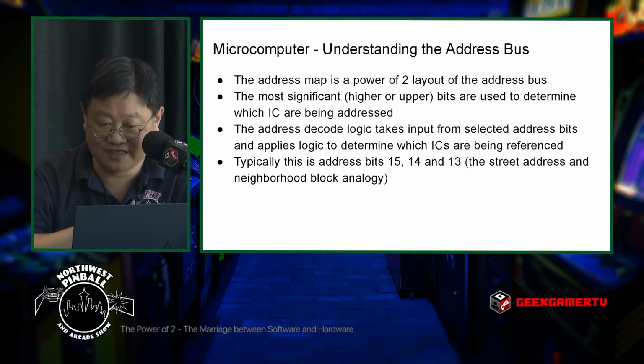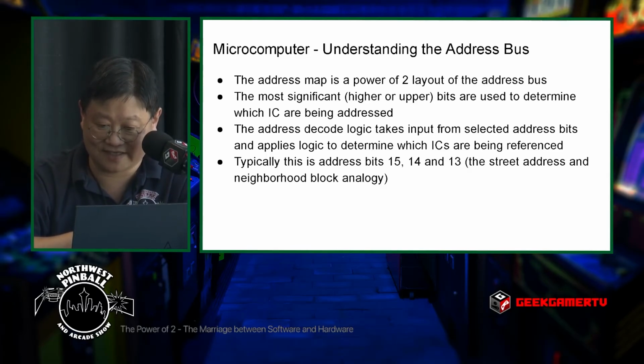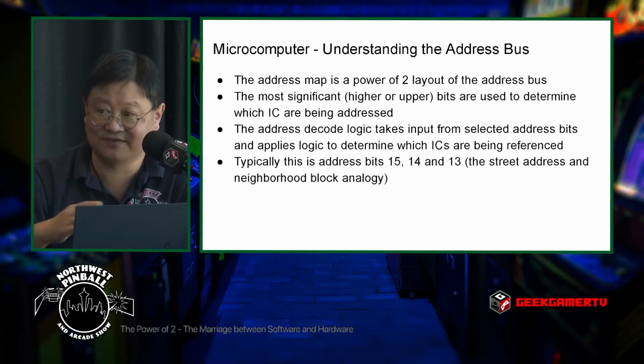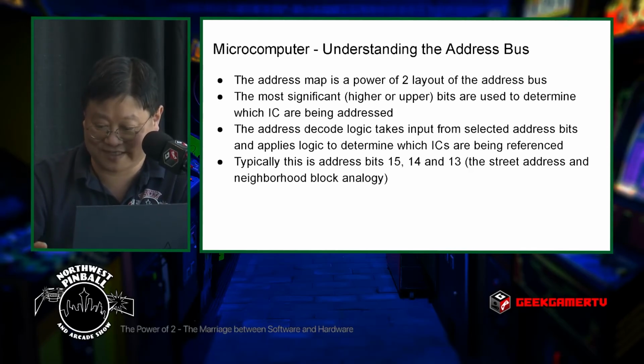And often, particularly in this system, System 11, it's address bits 15, 14, and 13 that determine which chips are addressed where and how. And it's the decode that does that. Again, think of street addresses if you're unfamiliar with it. But after a while, you see enough of these hex numbers, it becomes second nature.